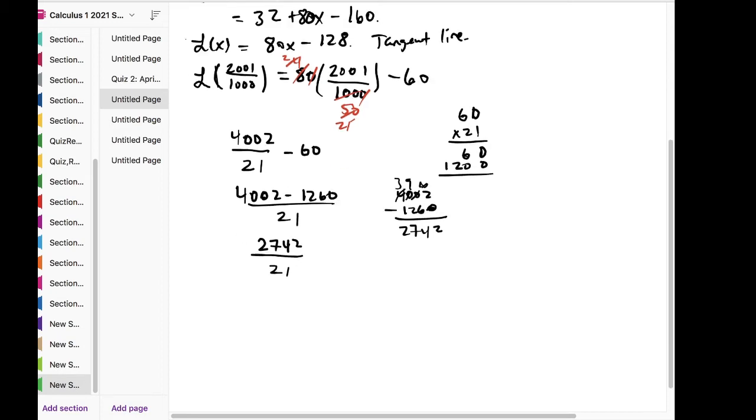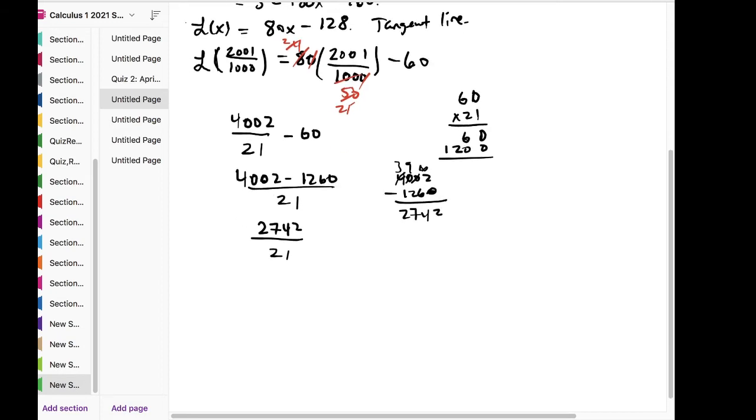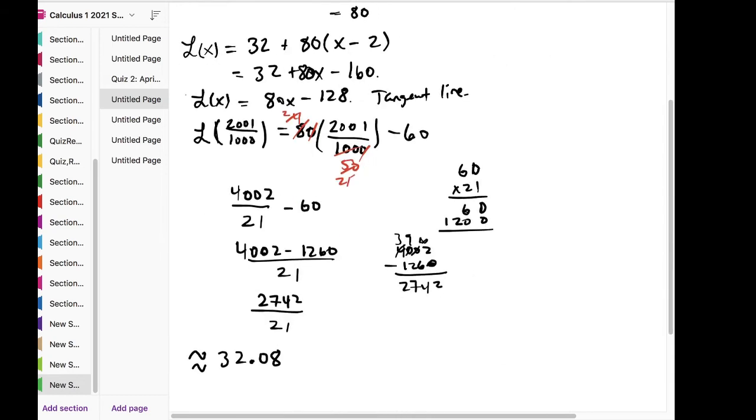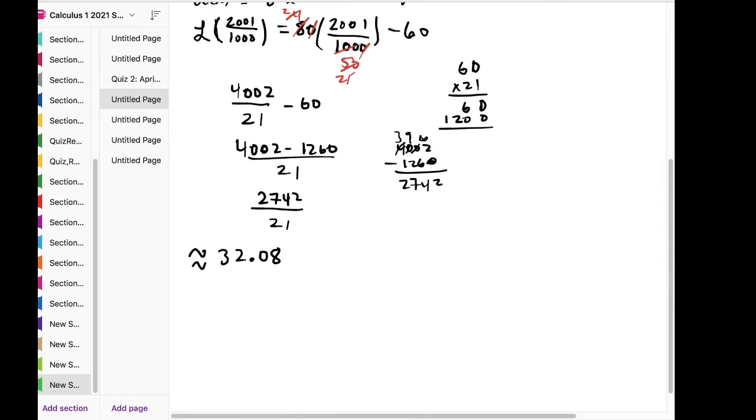Okay, so this is around 32.08, and that's respectable, right? Because 2 to the 5th is 32. So what is actually 2.001 to the 5th? Like the calculator version?